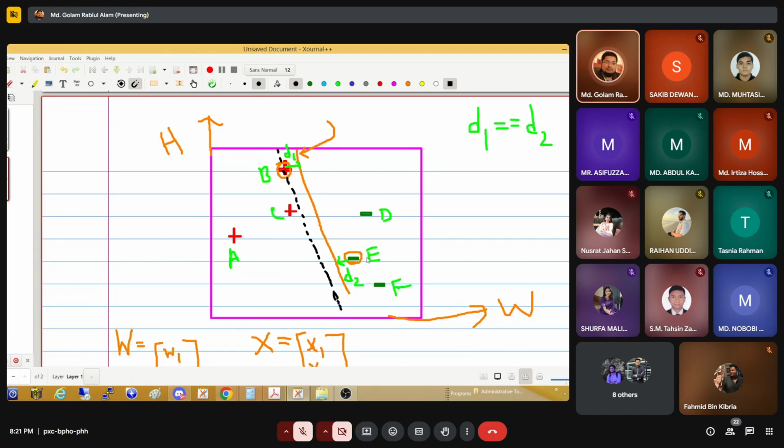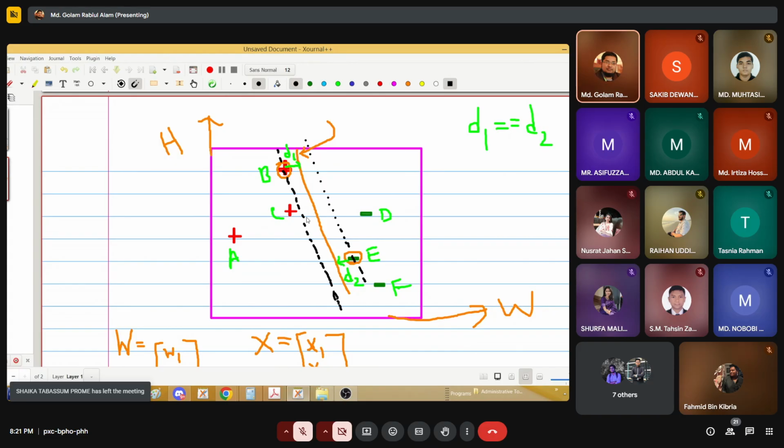Similarly, we have another support vector, e. We consider another garter here, and it will pass through our data point e and be parallel to our separator.